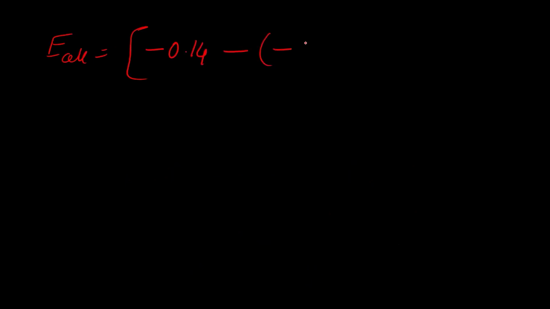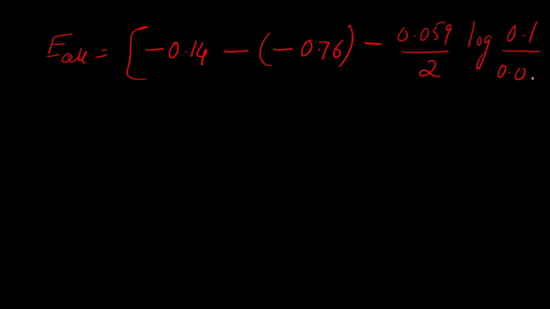Now just substitute the values. E0 cell is equal to minus 0.14 minus of minus 0.76. Okay, this is E0 cell, minus 0.059 by 2 electrons, right? Log 0.1 by 0.001.